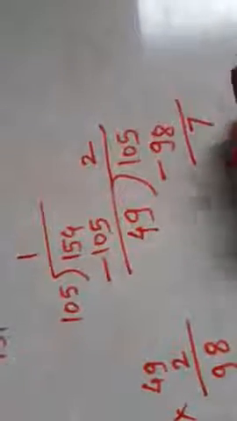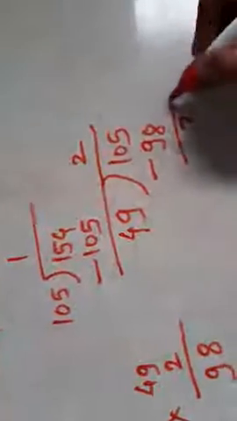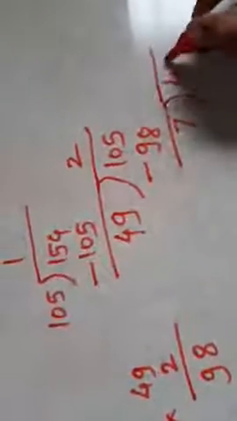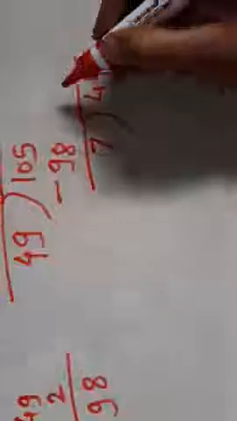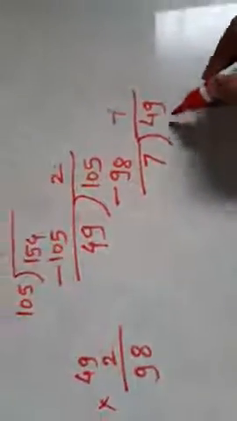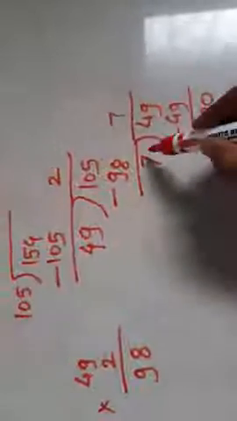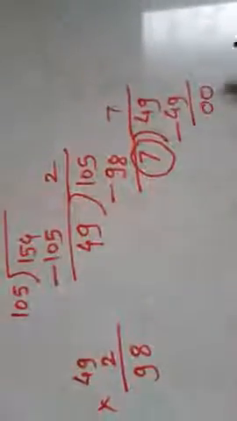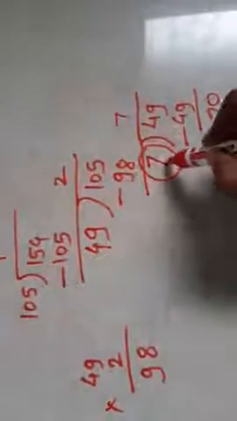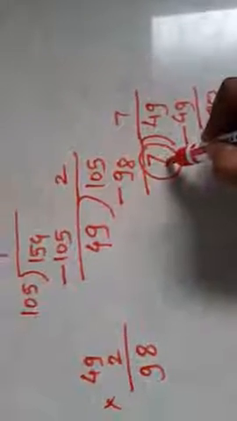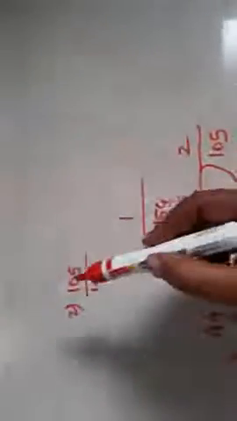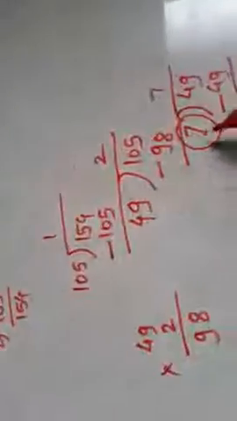Again by this remainder we have to divide this divisor. So 7 will divide 49. So 7 7s are 49. The remainder is 0. So in this we got remainder 0. That's why this divisor is the HCF. So the HCF of these two numbers is 7.